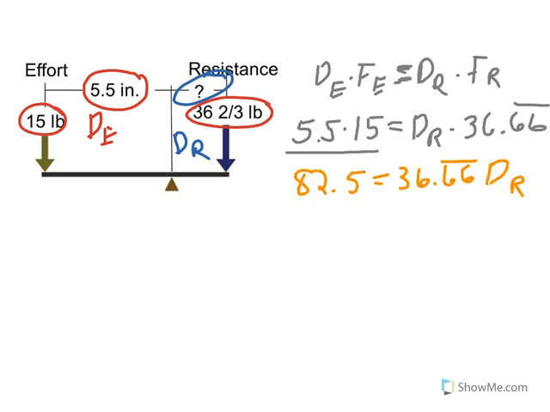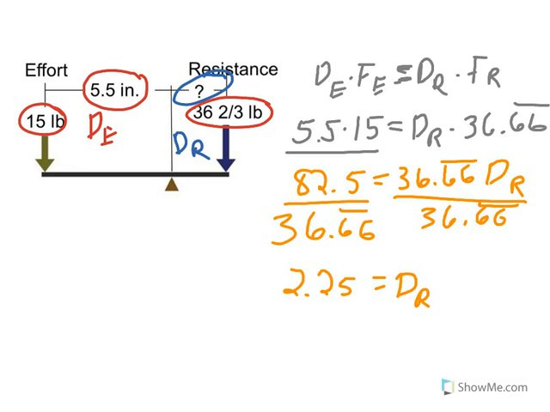Once I have the multiplication done on both sides, I have that 82.5 is equal to 36.66 repeating times dR. The final step to find my distance of resistance is to divide both sides by 36.66 repeating. The answer that I get is that dR is equal to 2.25. And since I was looking for a distance, it's 2.25 inches.